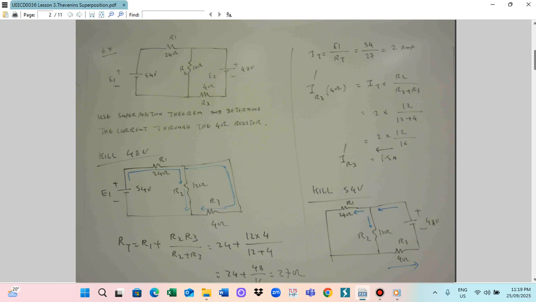R3 is 4 ohm. Short circuit is E2, and you see how the current is flowing.